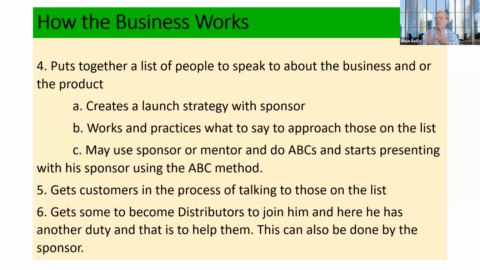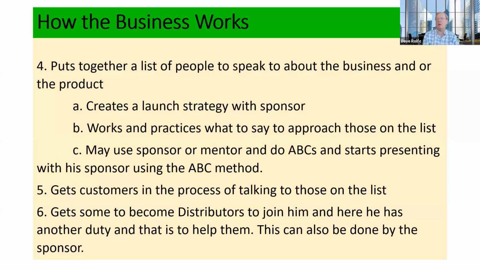But more importantly, this is done in all industries. This is done anywhere where there's something being marketed or sold to somebody else. You've always got an expert, or you've always got credibility, and you've always got validity in somebody else. And that's what makes it so powerful. And then also somebody new can get started right away. I mean, you can just get started, use your sponsor, mentor, you just bring people to the picnic and away you go.